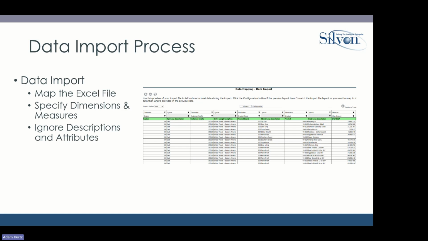Here's the import. Once you get the file in and you're mapping the file, you have pull down menus to decide which fields and options are going to be dimensions versus your measures. And again, your configuration menu to tell it where the time frame, where that timestamp is within your file.